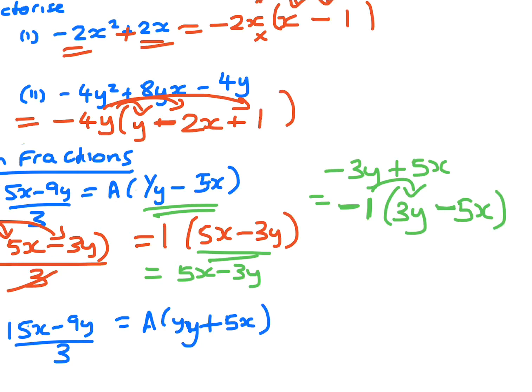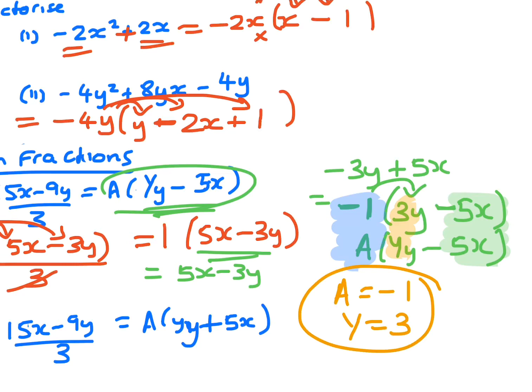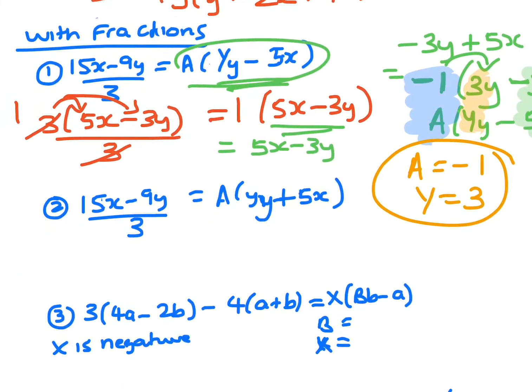Minus 5x. So now when you go to compare it to this here, the 5x part matches up, and that's okay. But what happens here is the minus 1 matches up with the A, and the 3 matches up with the Y. So that means A is equal to minus 1, Y is equal to 3. That's big Y, the capital letter.